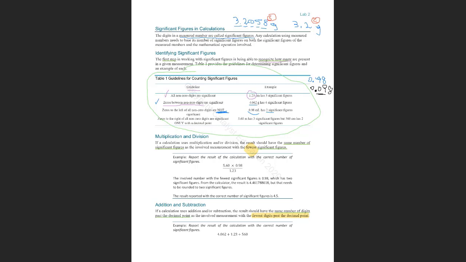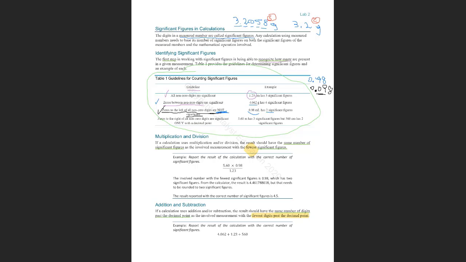Somebody else wants to tell me something. John said 2. John is not counting the 0 after the dot. And John is correct, because if we read again, it says zeros to the left of all non-zero digits are not significant.